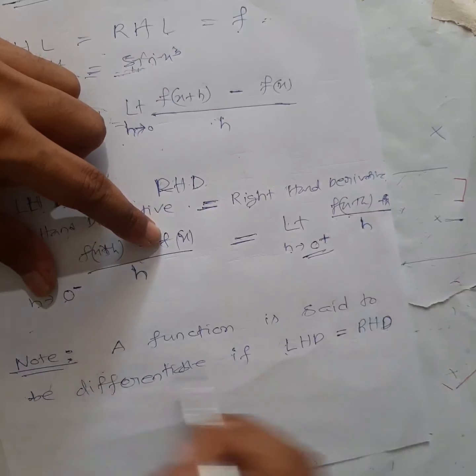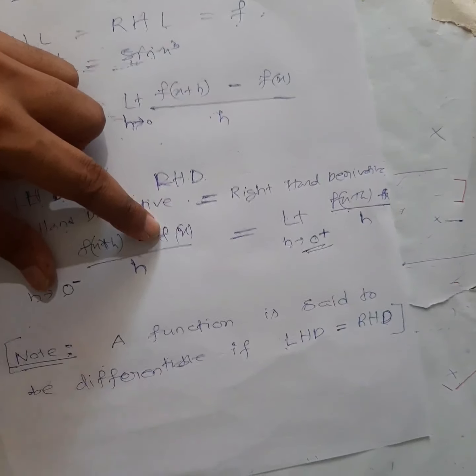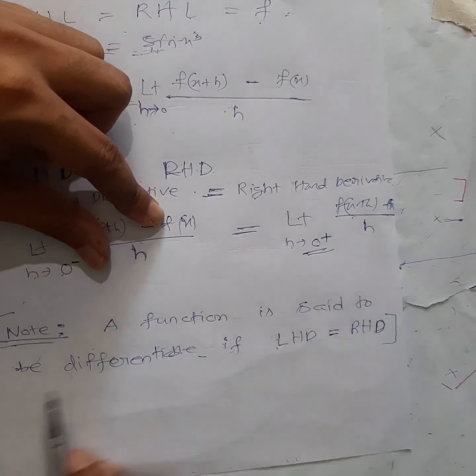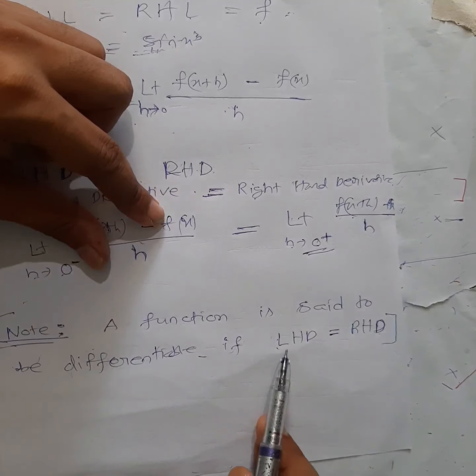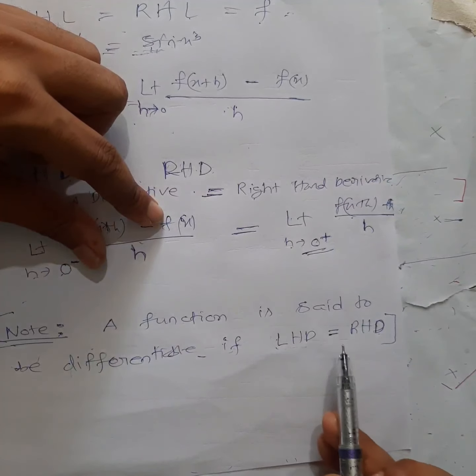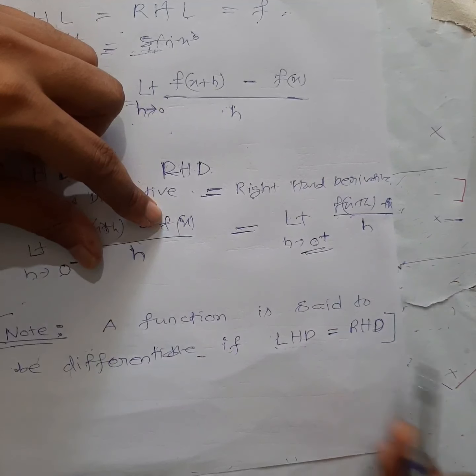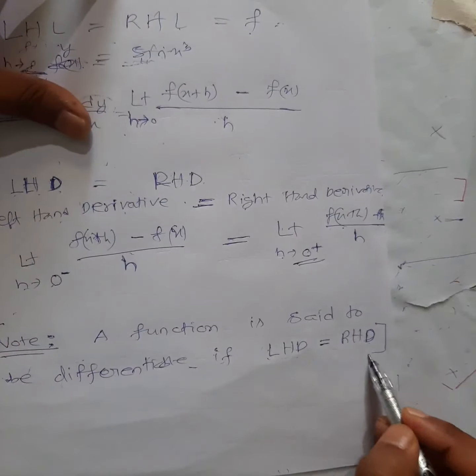You can write this as a note in short form. A function is said to be differentiable if the left hand derivative is equal to the right hand derivative. Okay, so this we have to know.